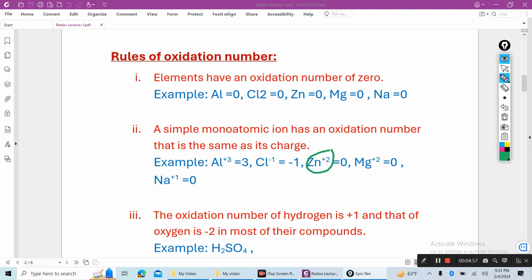Zinc 2+, its oxidation number will be +2. And magnesium 2+, its oxidation number will be +2. So rule 2: a simple monoatomic ion has an oxidation number that is the same as its charge.